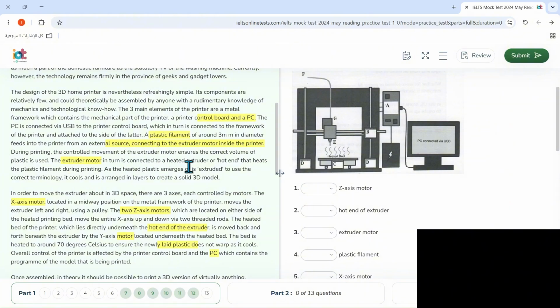Implementing the control movement of the extruder motor ensures the correct volume of plastic is used.